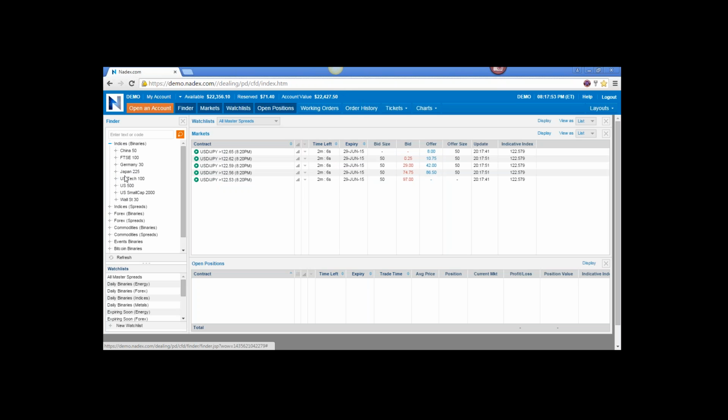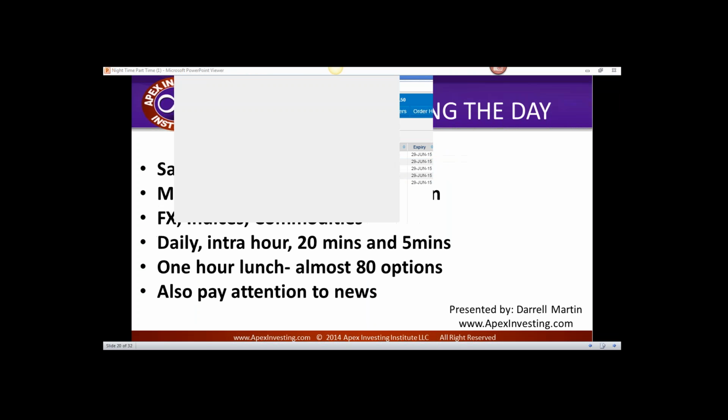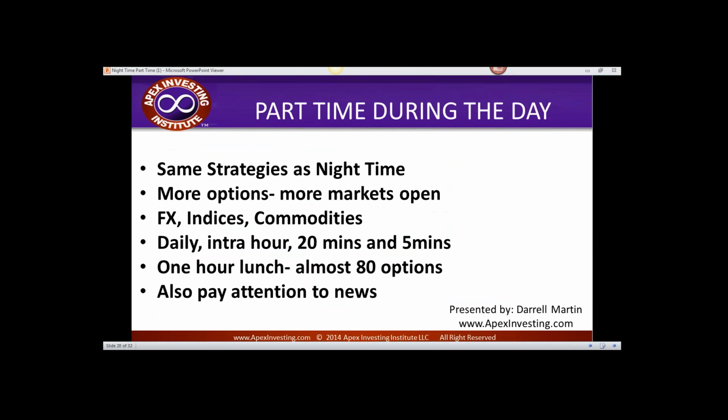And those are from 10 a.m. to 4 p.m. That's why we didn't really cover those at night, because they're only during the daytime. So you have a ton of options during the day. Everything from the nighttime still applies as far as the 5 minutes. You just now have other things during the day you can trade.